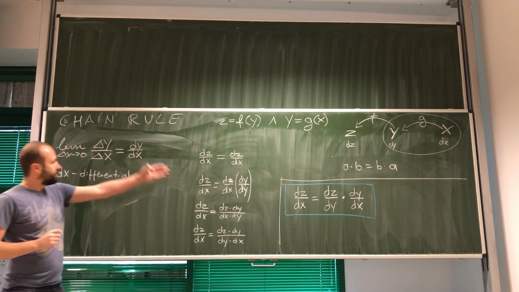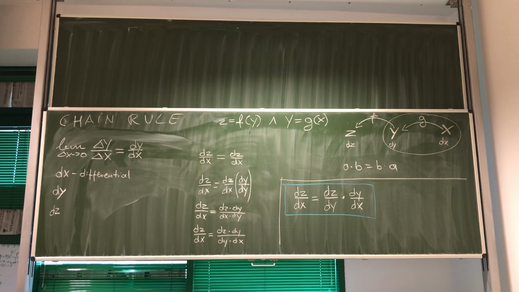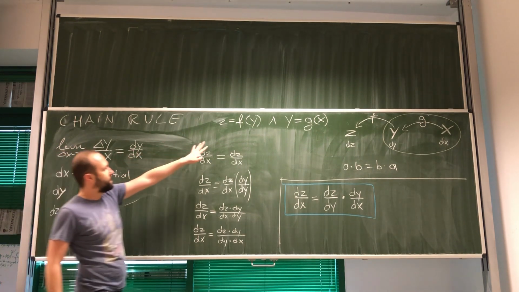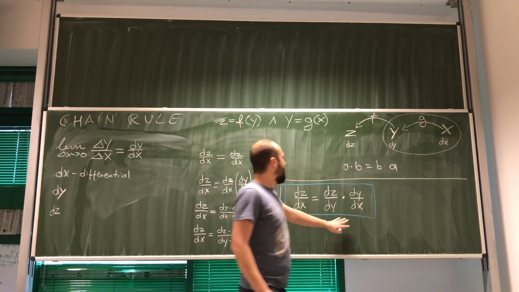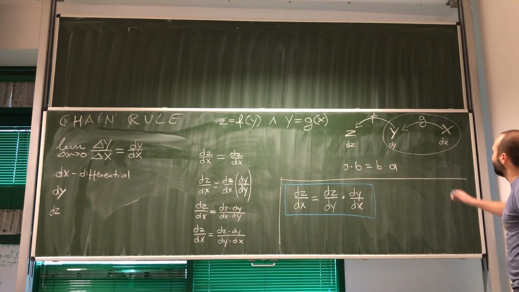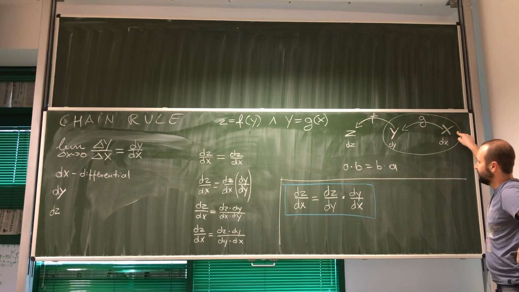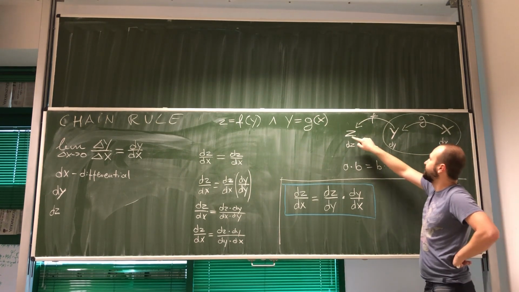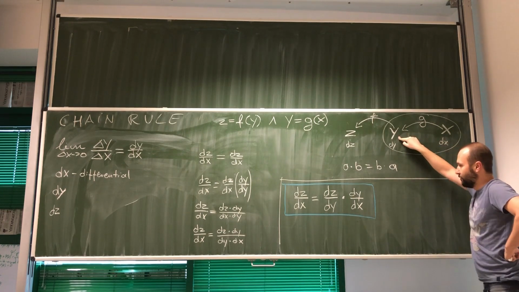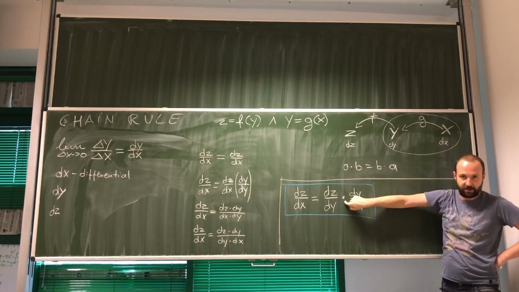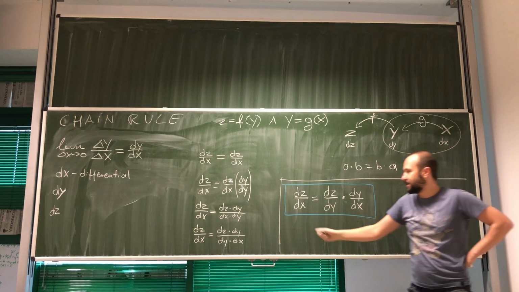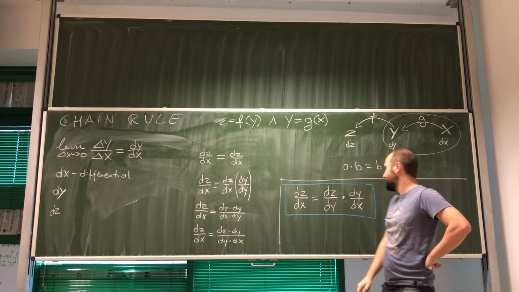The chain rule that we're going to be using to solve this problem is this. What do we need to do? We need to find derivative of y with respect to x, and we need to find derivative of z with respect to y. We need to multiply them by each other, and then we're going to get derivative of z with respect to x.